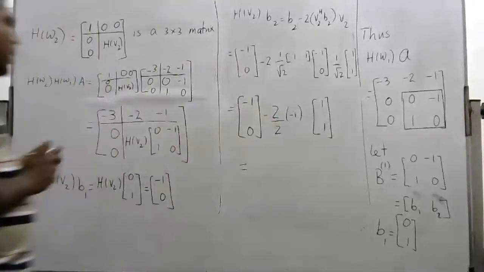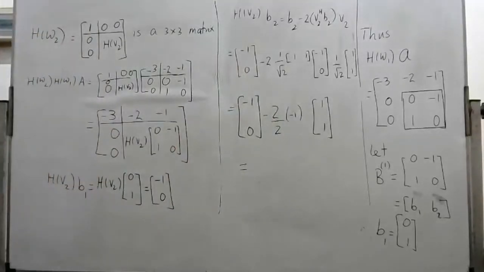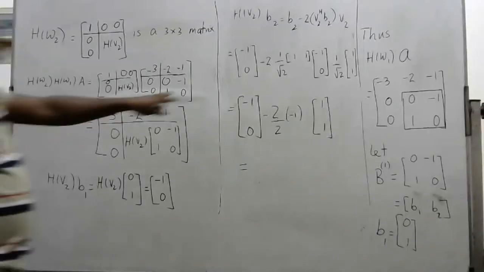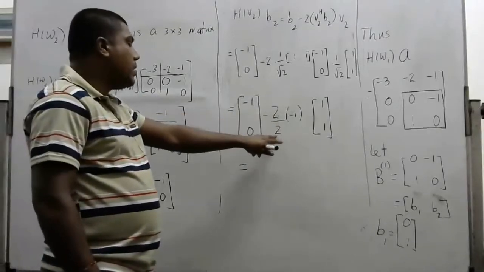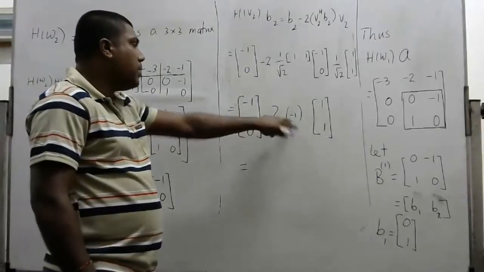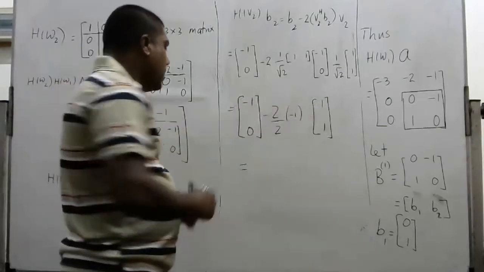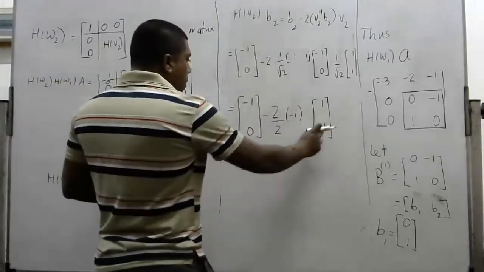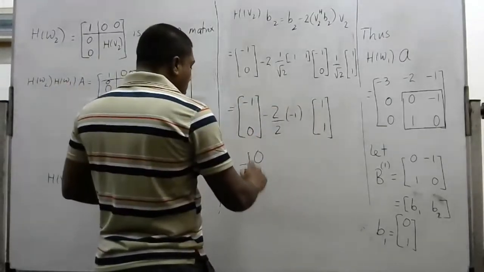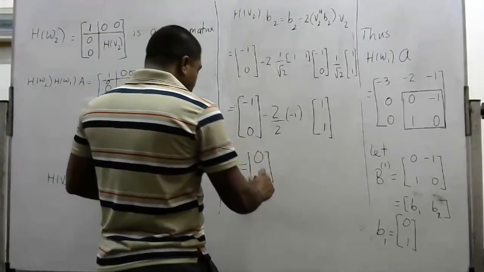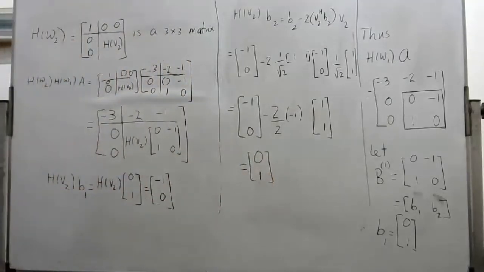So this is basically -1 plus 1. So -1 and 2 over 2 cancel, 1 times -1 is plus. So -1 plus 1 is 0, and 0 plus 1 is 1. This is what you get here.